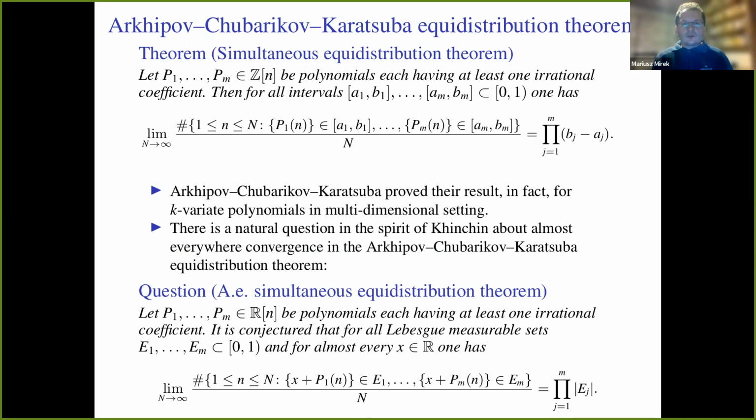And now let me change a little bit and tell you something about a very interesting result of Arkhipov, Zhitkov and Karatsuba, their equidistribution theorem. Sometimes it's called the simultaneous equidistribution theorem. They proved, in the simplest form, that if we have a bunch of polynomials, each having at least one irrational coefficient, and we have subintervals of the unit interval, then this limit exists and it's equal to the product of these intervals.